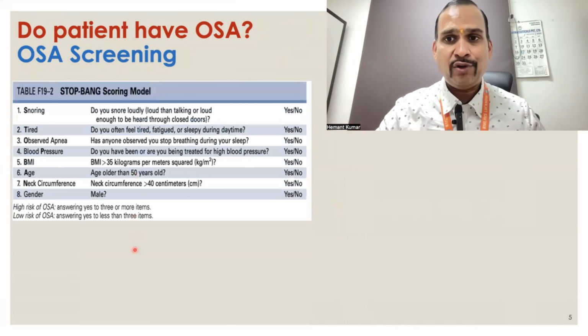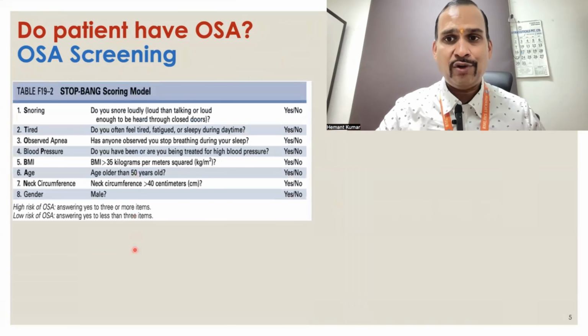If muscle tone is intact, it means non-rapid eye movement sleep. If chin tone is lost, then this is REM sleep. So to differentiate REM from non-REM, we need EOG and chin EMG. So for sleep parameters, we need EEG, EOG, EMG.